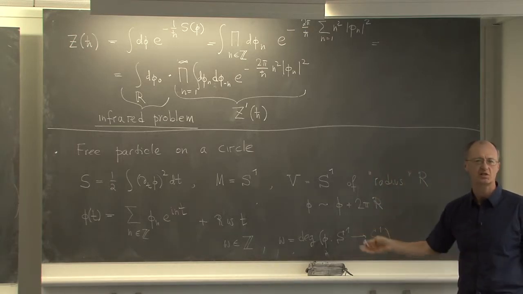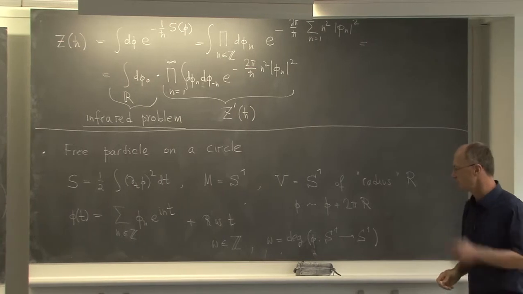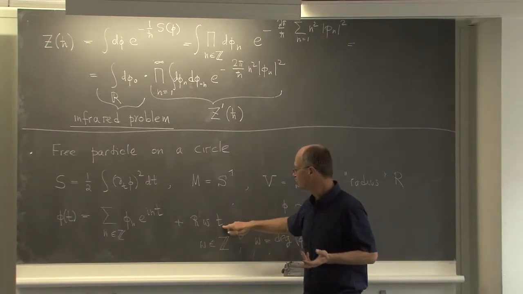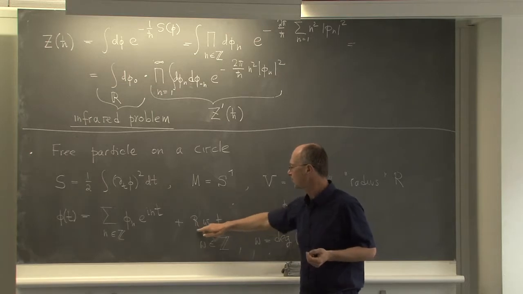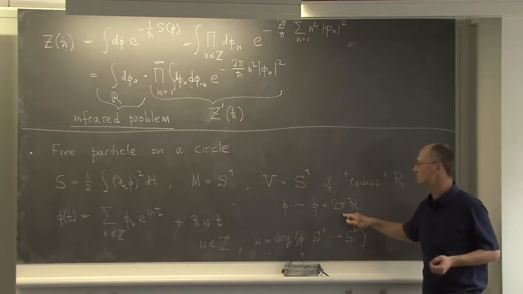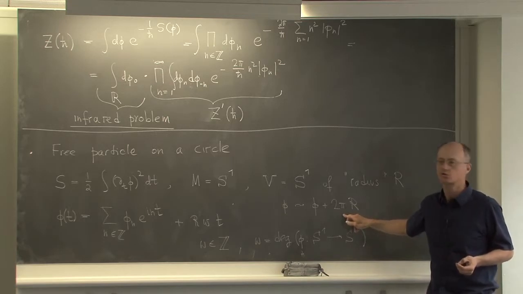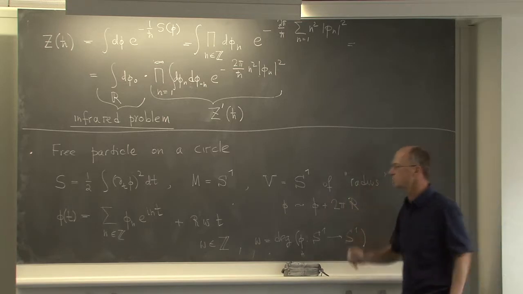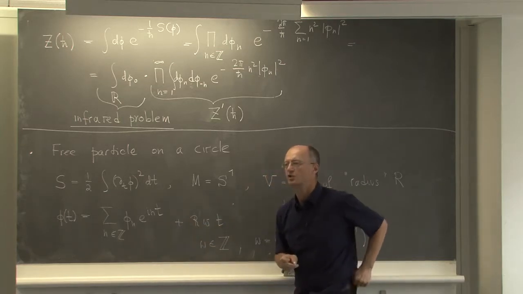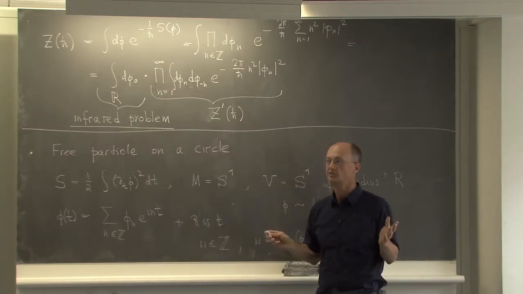I think we already had such considerations earlier in the course. So, you know, when t changes from 0 to 2 pi, this expression changes by 2 pi r times this integer. And this means that this is a well-defined map from S1 to S1. So formally speaking, that's a map from R to R, but it descends to a map from S1 to S1. Right?